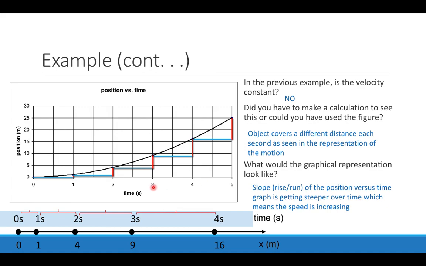And so the fact that this slope is getting steeper, making these equal time intervals and then the steps, will tell us that the velocity is getting bigger. So this is a nice way to see slope increasing, is looking at distances between points, equally spaced time intervals, and looking at what that step looks like.